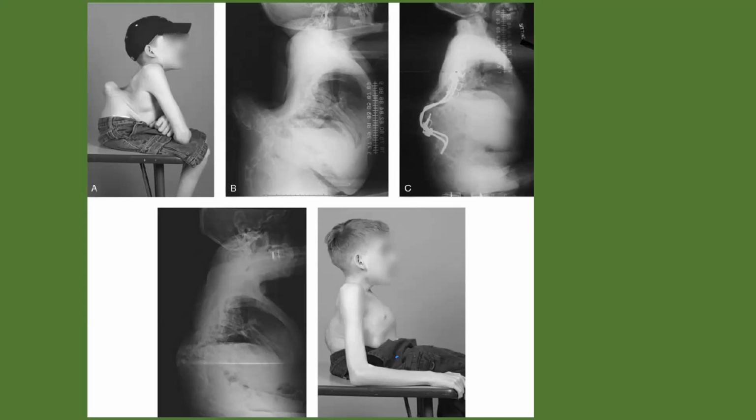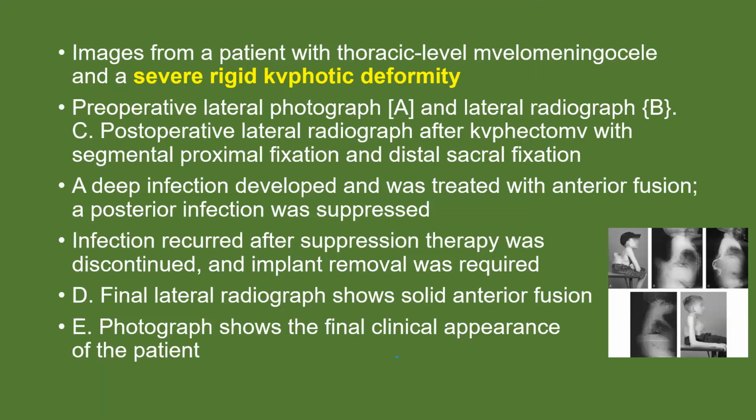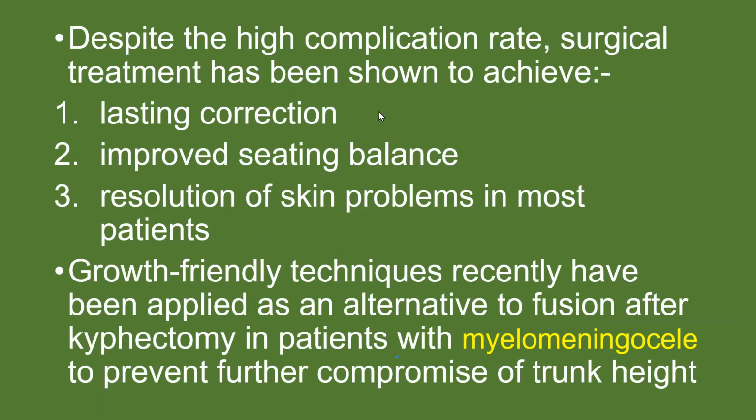And if you go through this, you'll find out that this child had around 3 or 4 episodes of infection before he was finally cured. Despite the high complication rate, surgical treatment has been shown to achieve lasting correction, improved seating, and balance. So you have to pay attention to this.